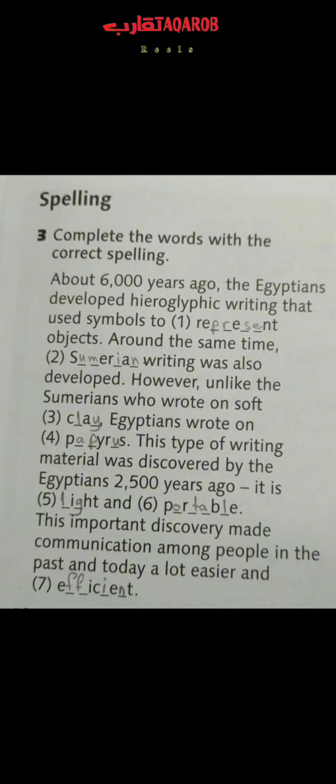Around the same time, Sumerian is spelled SUMERIAN. Writing was also developed. However, unlike the Sumerians who wrote on soft clay, so number 3 is clay, CLAY, Egyptians wrote on papyrus.